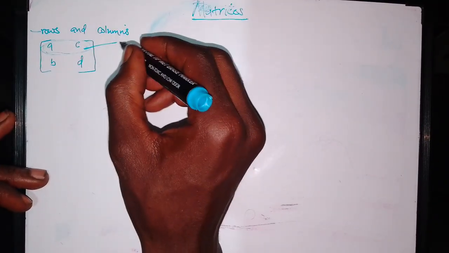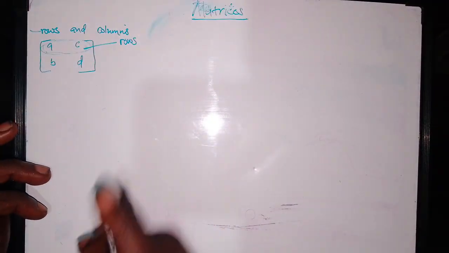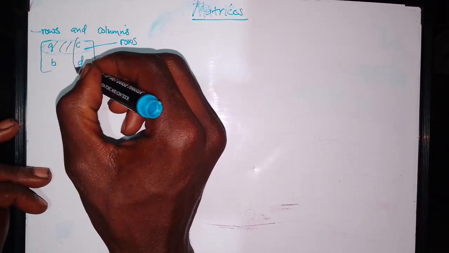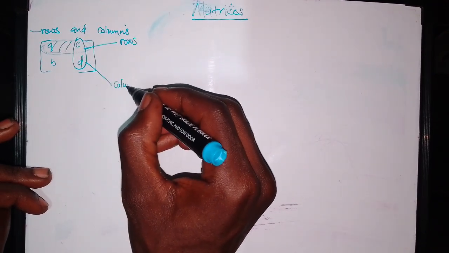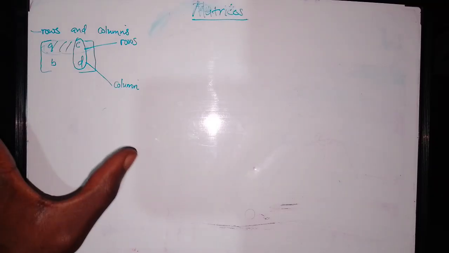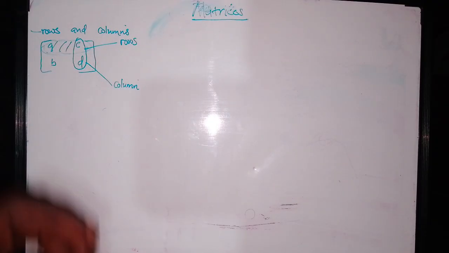So this horizontal line is known as a row. Then the vertical line which goes down is known as a column. These are the two things you need to understand as you start matrices.